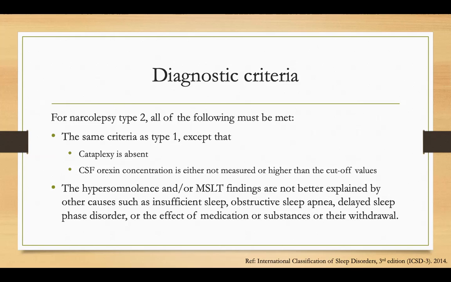In addition, the hypersomnolence and/or MSLT findings are not better explained by other causes such as insufficient sleep, obstructive sleep apnea, delayed sleep phase disorder, or the effect of medication or substances or their withdrawal.